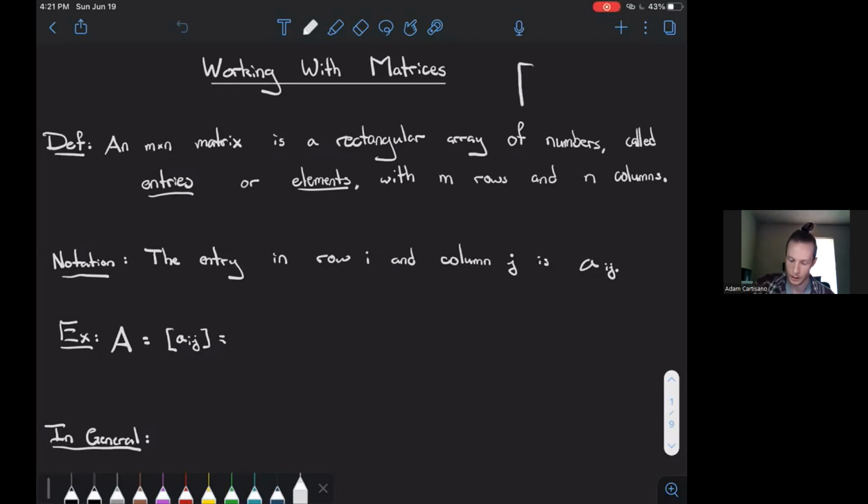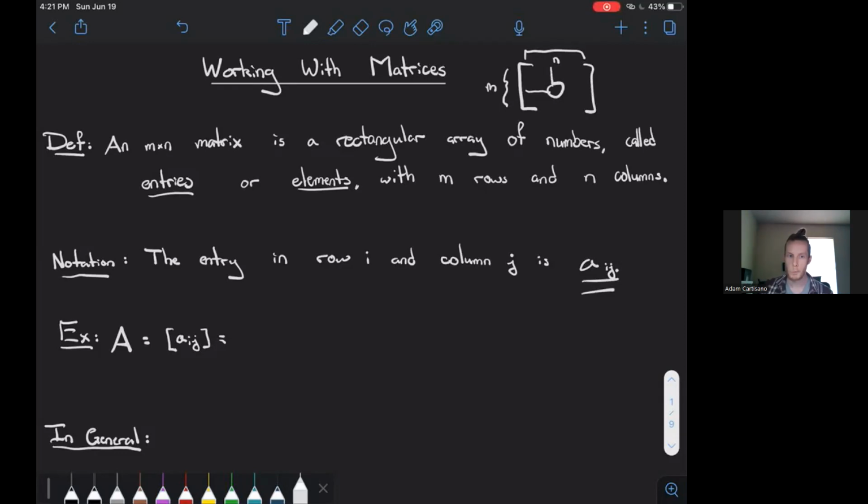So this many rows and this many columns. Some notation: we generally call the entry that lives in row I, column J, Aij.